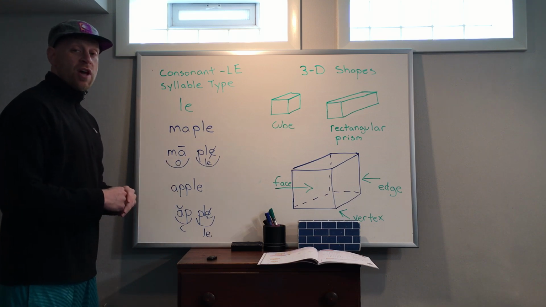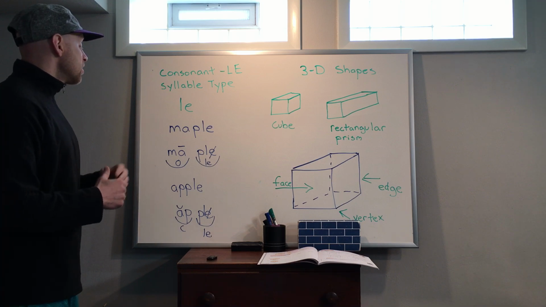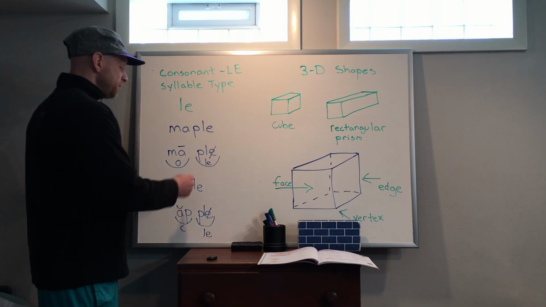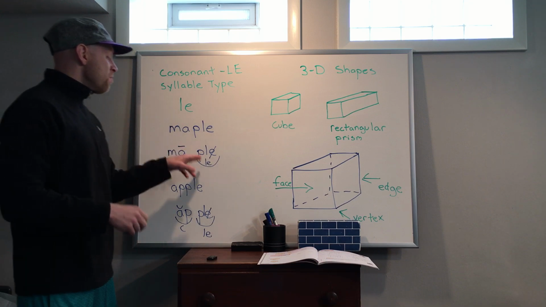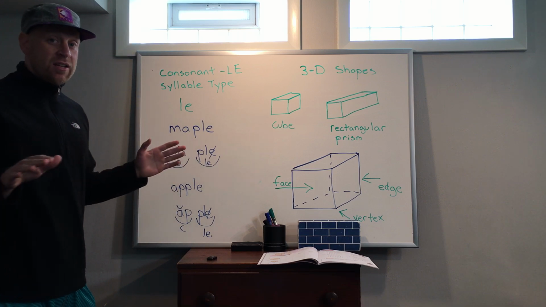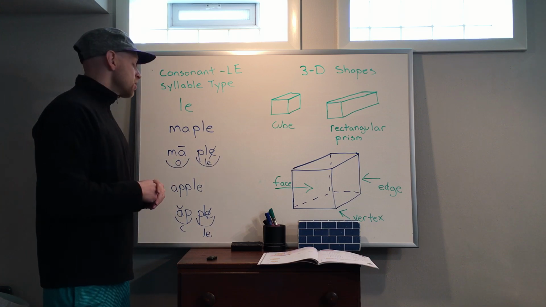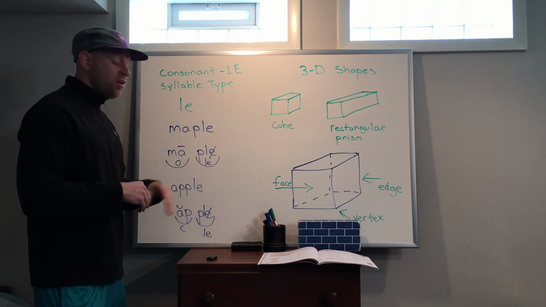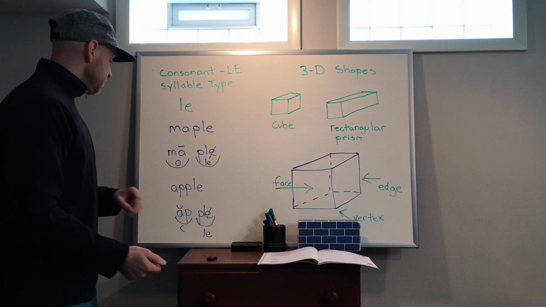We have an O down there under the scoop because we know that it's an open vowel syllable. And then a consonant LE syllable type, we mark up by Xing off that E because it's a silent E. We don't hear that E in the LE syllable type. And underneath where we scoop it, we mark it as LE.